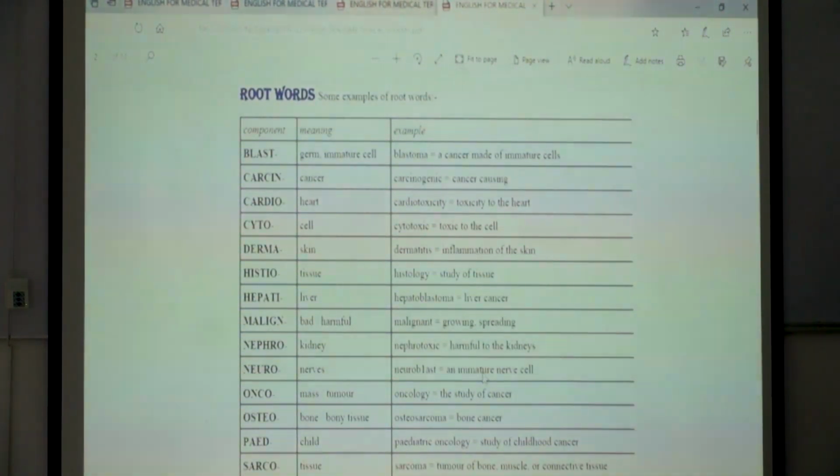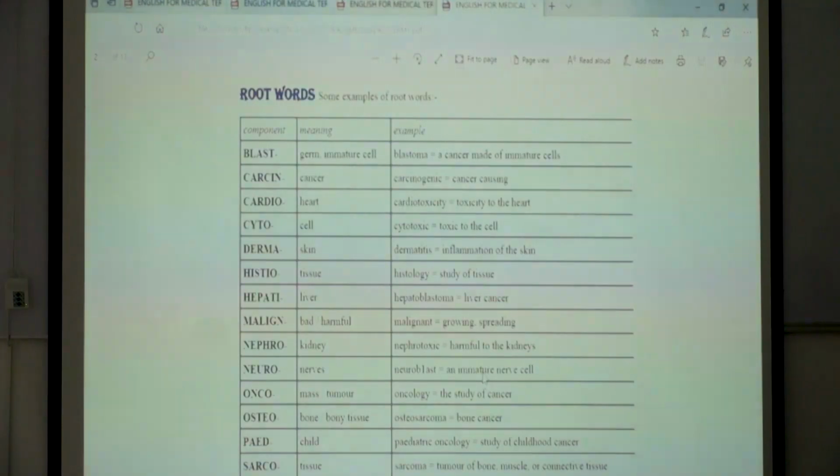Here we have some examples of roots, like plast. Plast means immature.